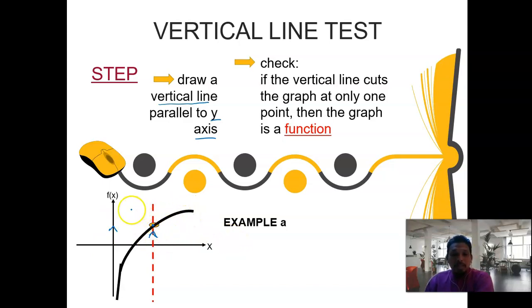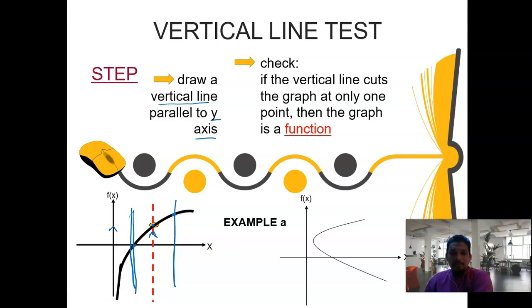So I'm trying another vertical line. Okay, for example, it cuts at one point and also cuts at one point. So it's a function. The graph is a function. Let's say for this one here, this red line cuts at 2 points of this curve.